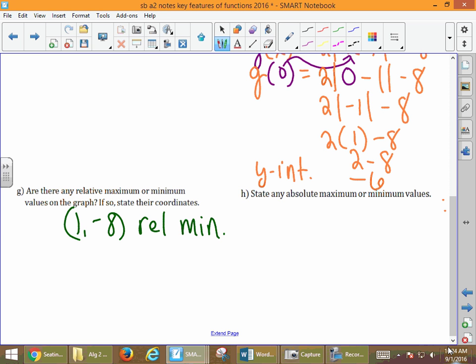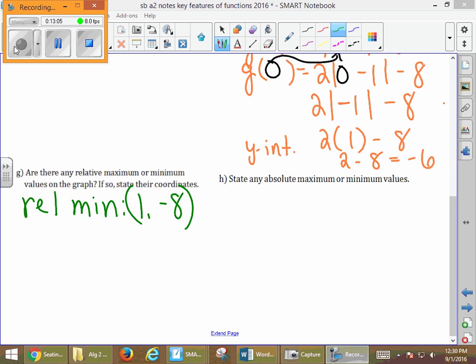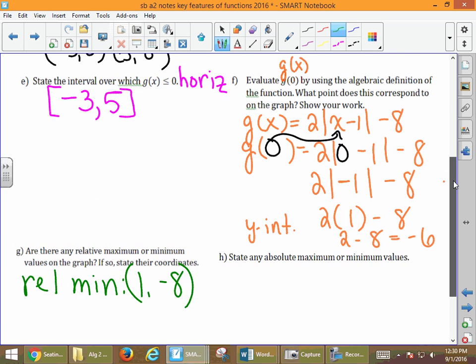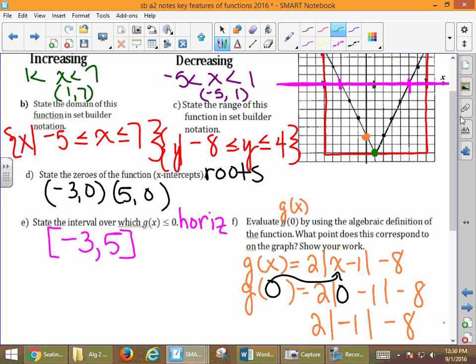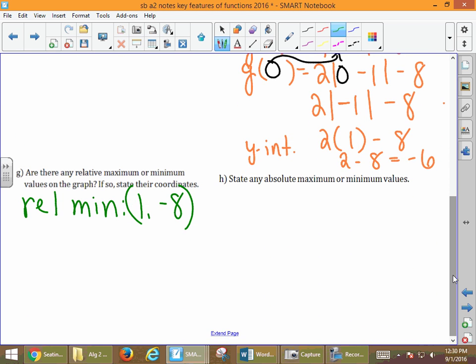But over here, it says, state any absolute maximum or minimum values. The thing is, when we find the relative min of 1, negative 8, if we go back and look at the picture, it also turns out that 1, negative 8 is the very lowest point on the graph, which also makes it an absolute minimum.